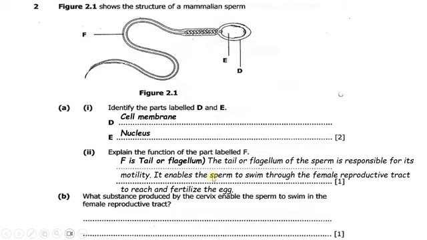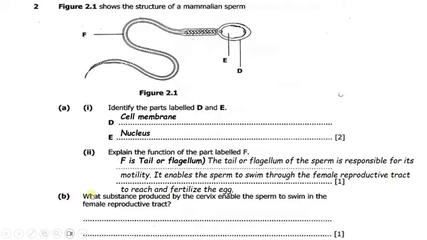It enables the sperm to swim through the female reproductive tract to reach and fertilize the egg. So that's the function of the tail or the flagellum.